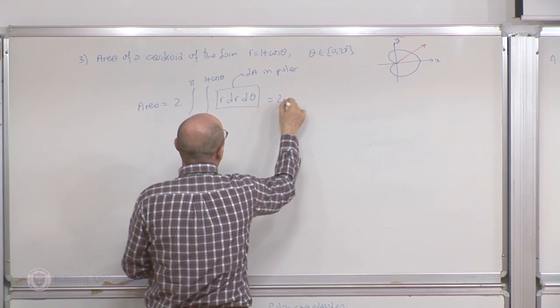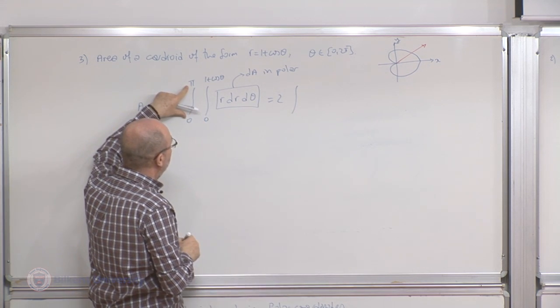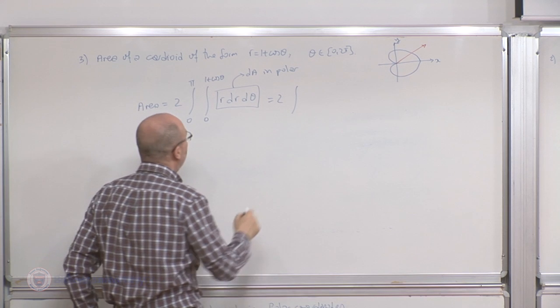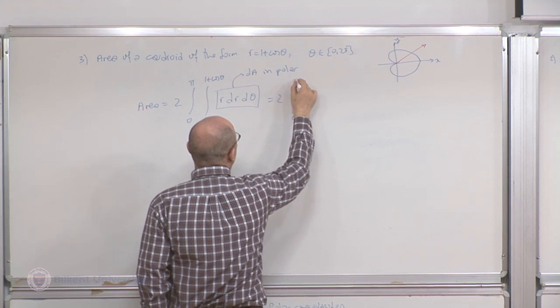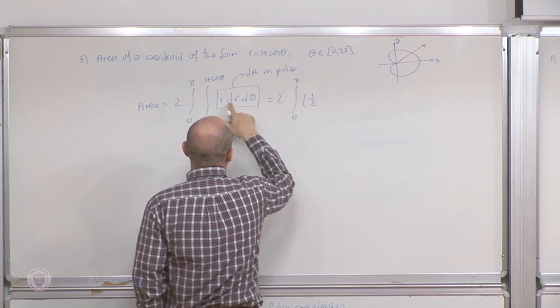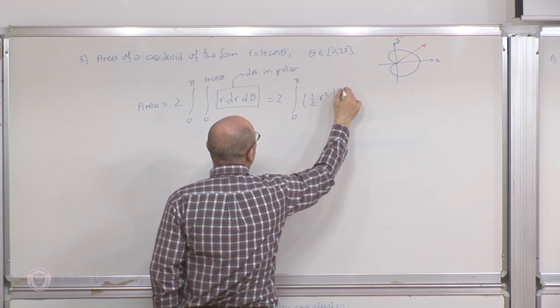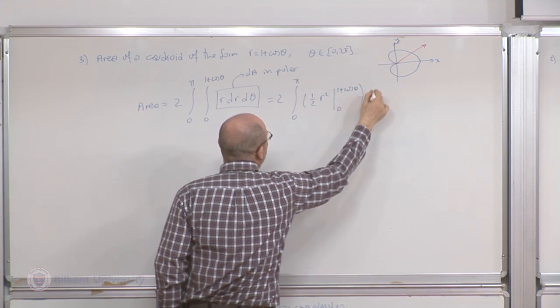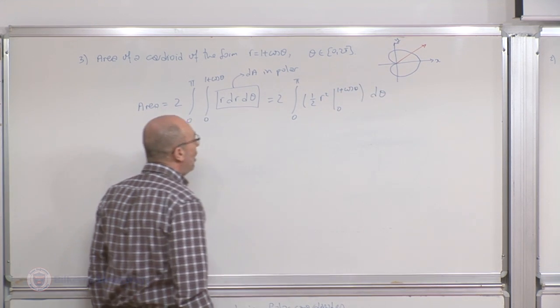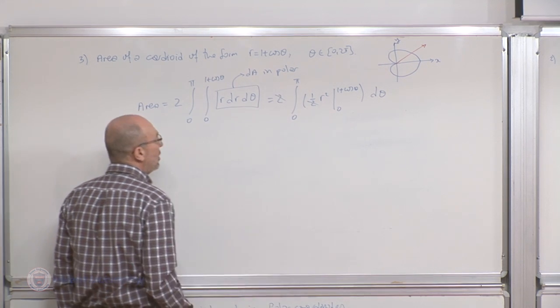Okay, so this is what we will evaluate. So this is 2 times the integral from 0 to pi, of 1 over 2 r squared from 0 to 1 plus cosine theta, d theta. Let us immediately cancel these.